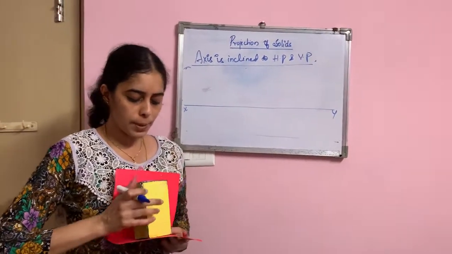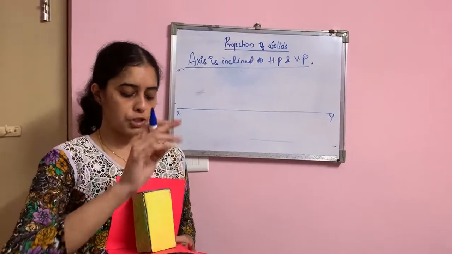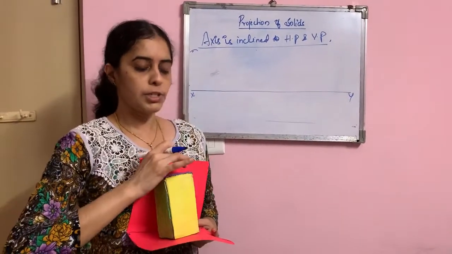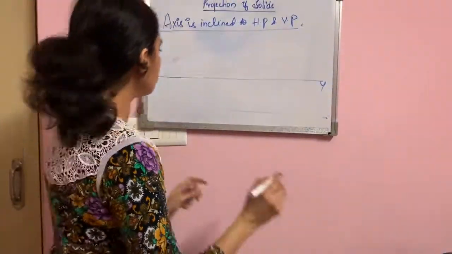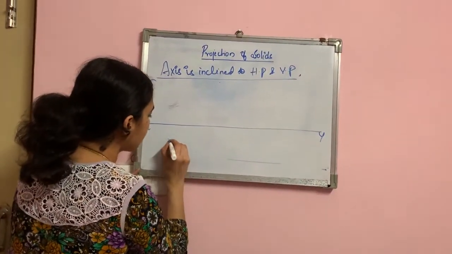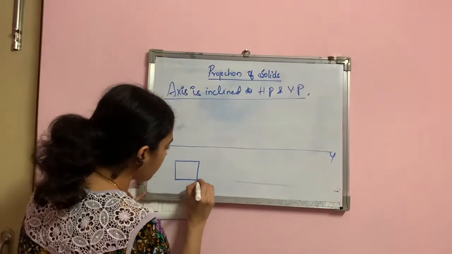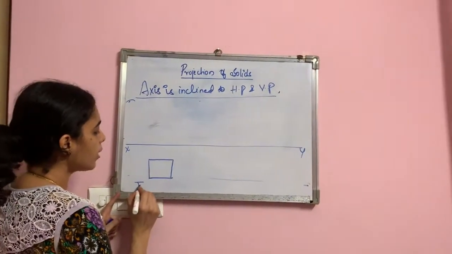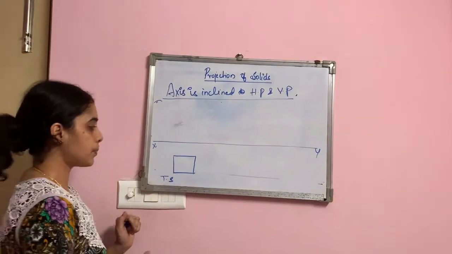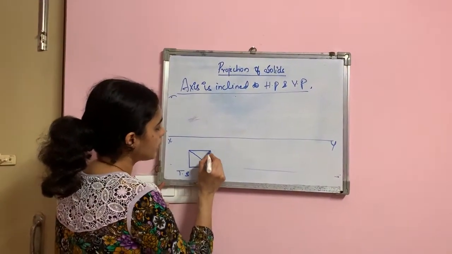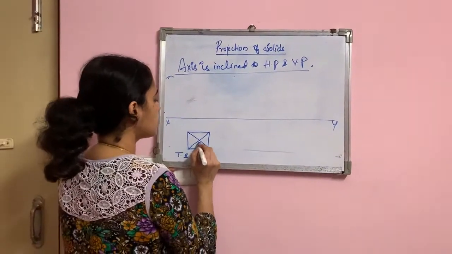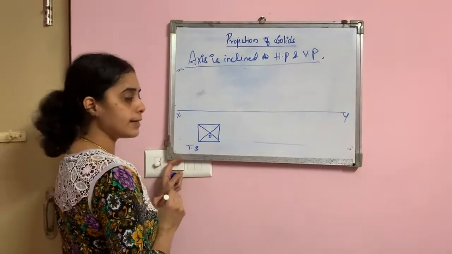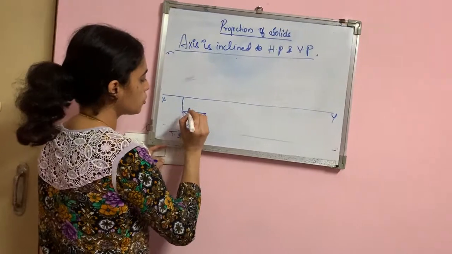So when the axis is perpendicular to HP in the first position, when you view from the top, you will just see a square surface. So you will show a square surface over here. It will provide the true shape of the square prism. Then you will join the diagonal. The naming and all I am not showing you, just the picture. How does it look? We will put the center axis. Then we take the projection.